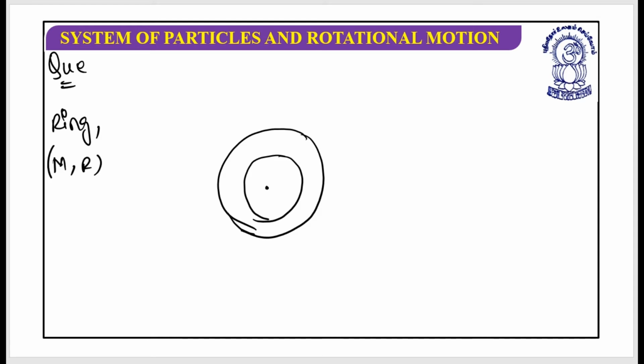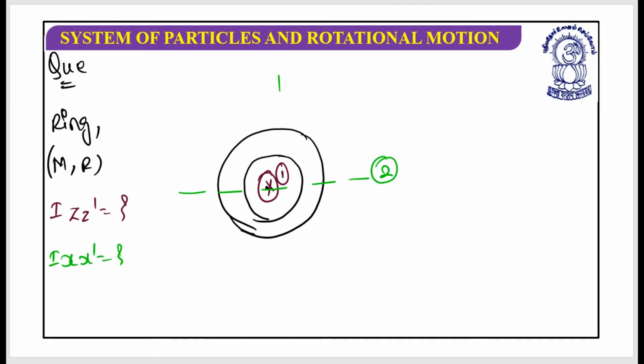What you need to do is find the moment of inertia. First this, that is I z z dash. Second this, it's I x x dash. Third this, it's I y y dash. The fourth in this plane, it's 4 4 dash.